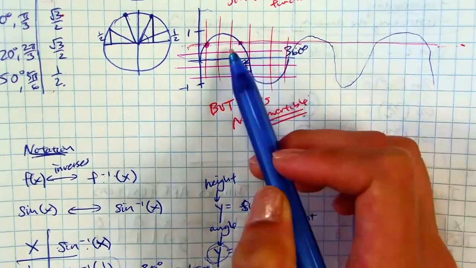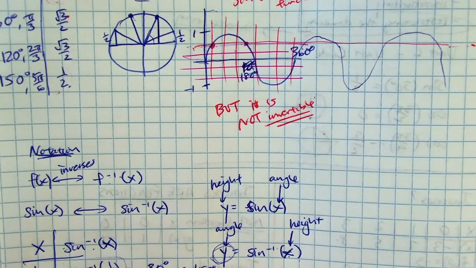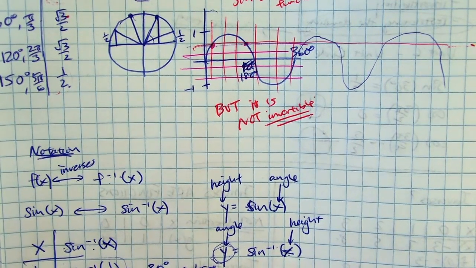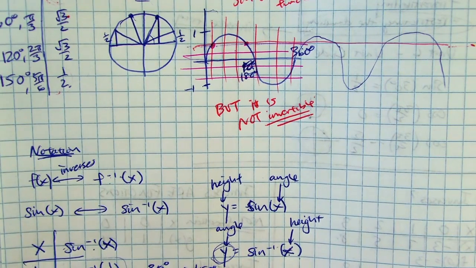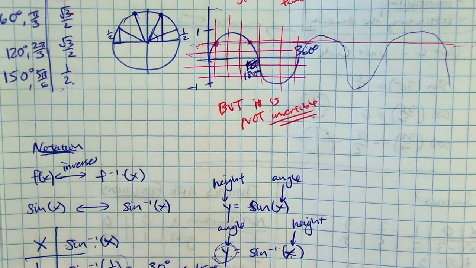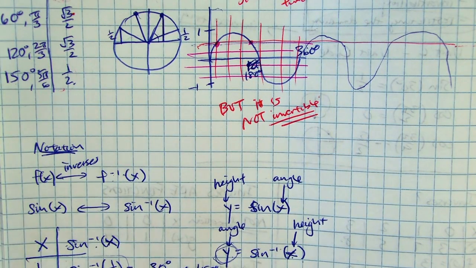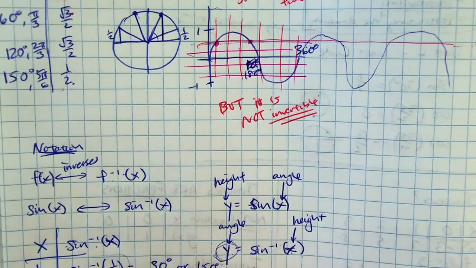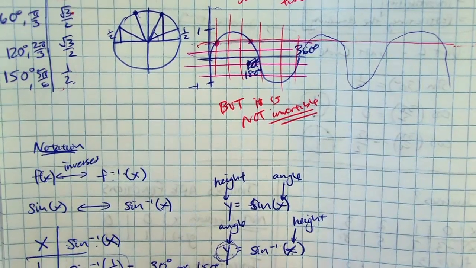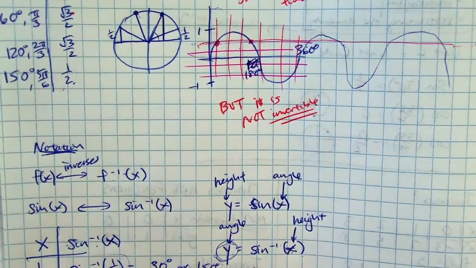Now if we restrict the domain, say for example, we say we only want the inverse sine values where our range, sorry, where our sine function just has a domain from -pi/2 to pi/2.